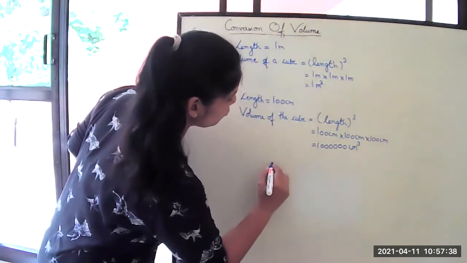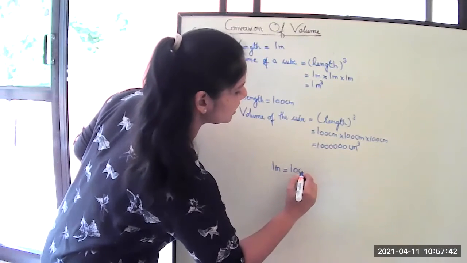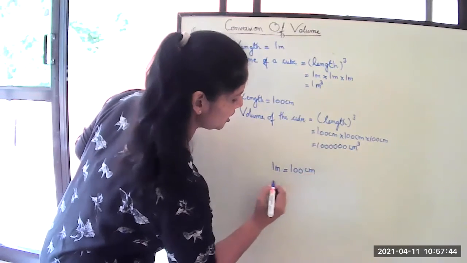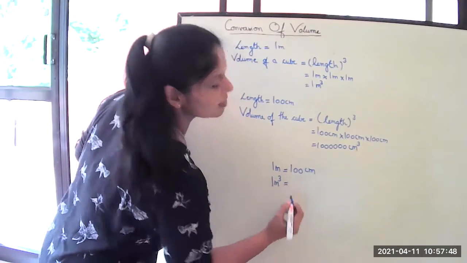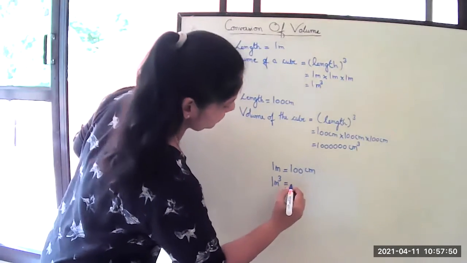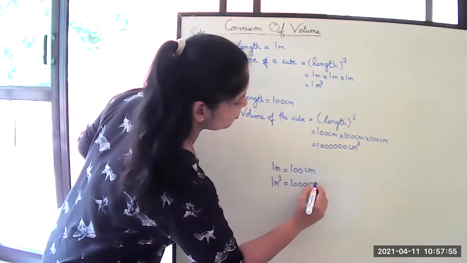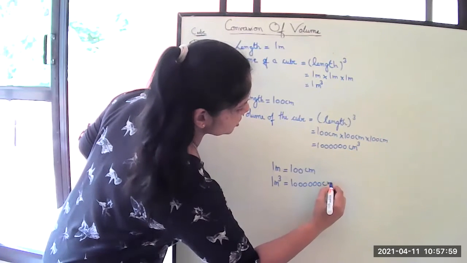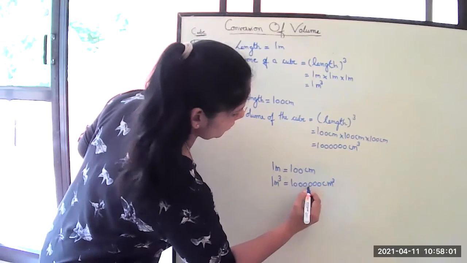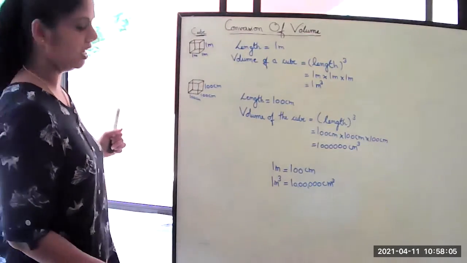Okay. So 1 meter is equal to 100 centimeter and 1 meter cube is equal to 1 and 6 zeros centimeter cube. That is 10 lakh centimeter cube.